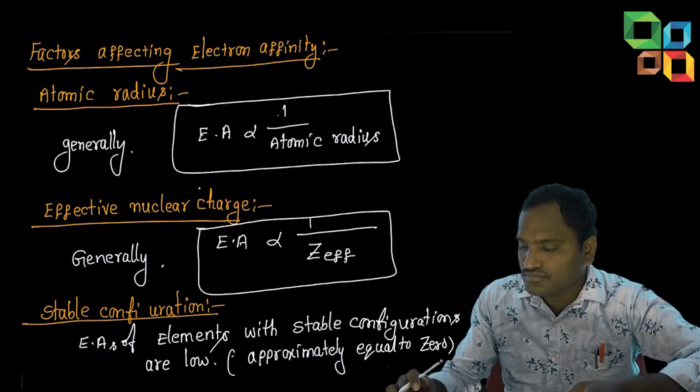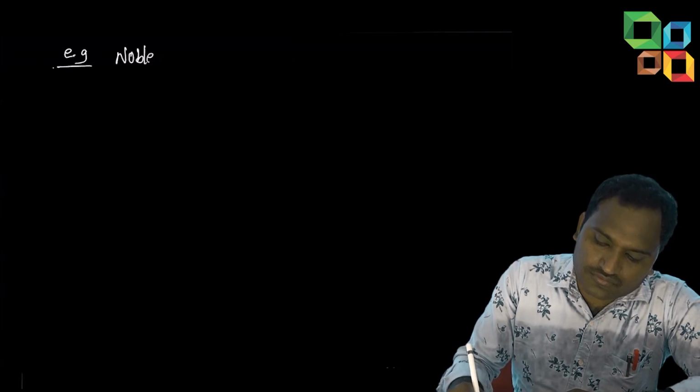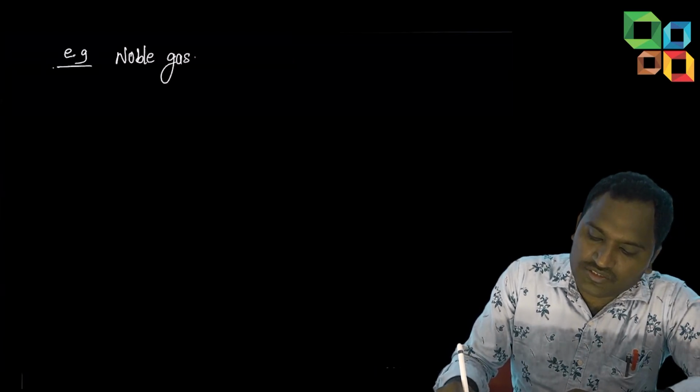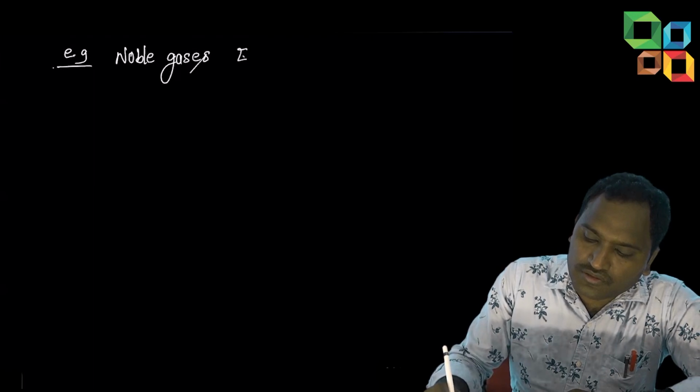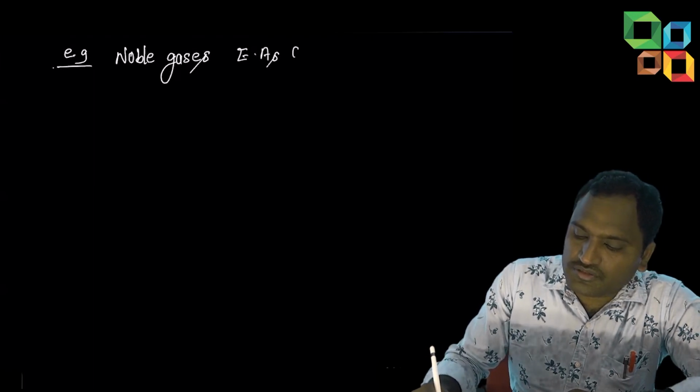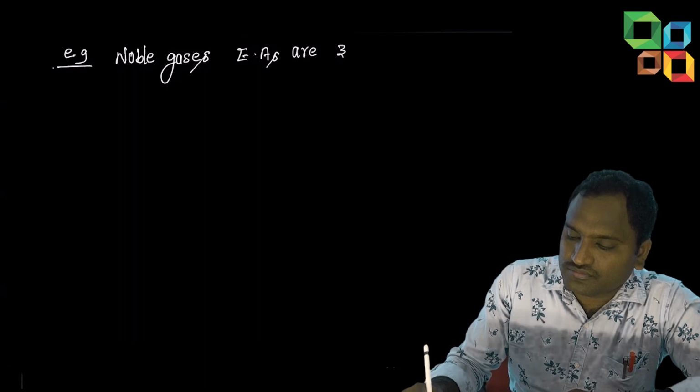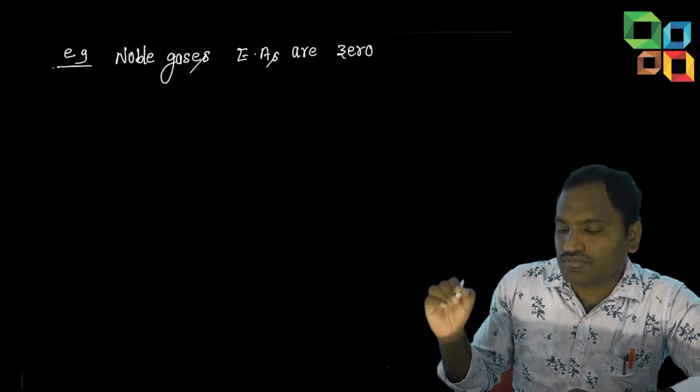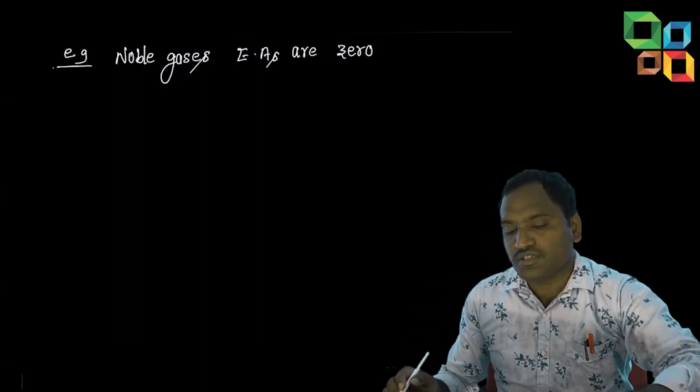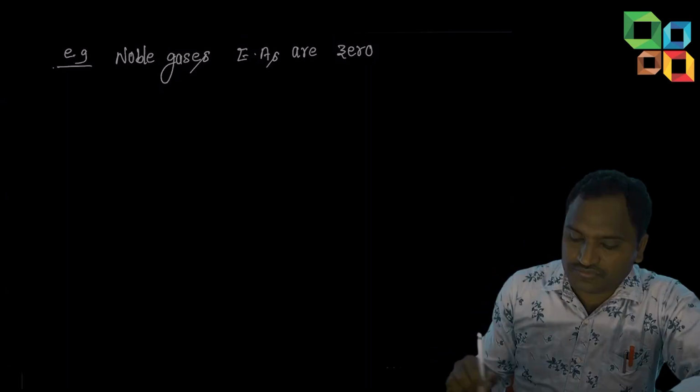Example, noble gases: electron affinities are approximately equal to 0.